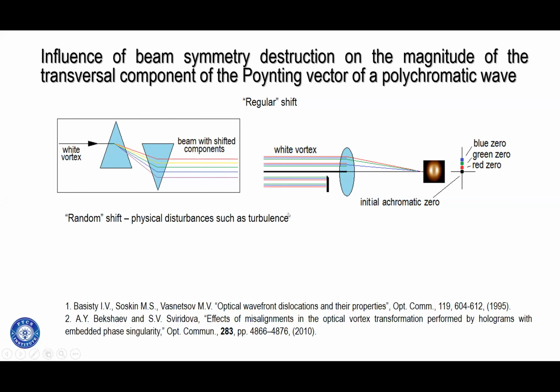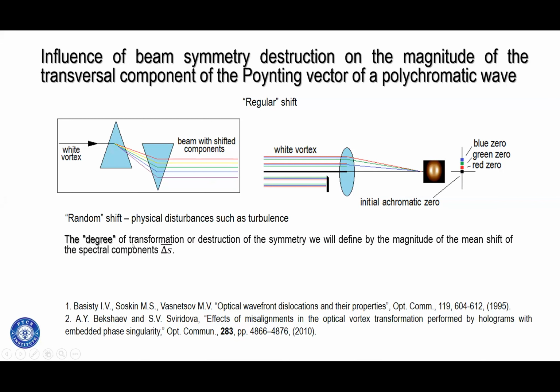Like a random shift, we can consider the situation when our polychromatic beam propagates along a path with some random physical perturbation like turbulence.